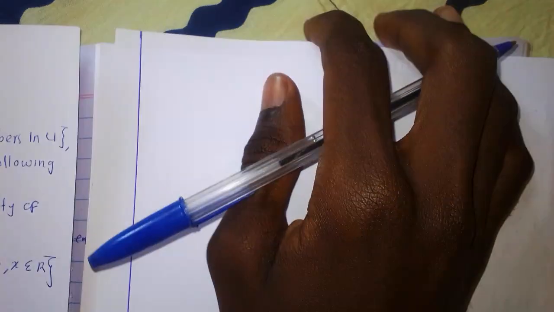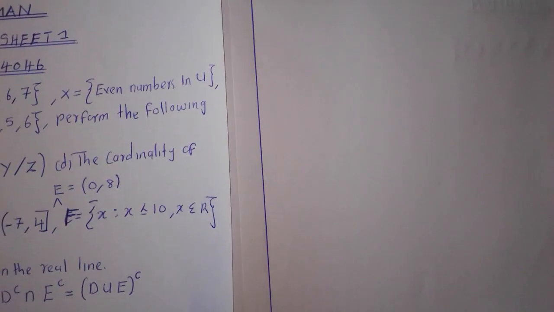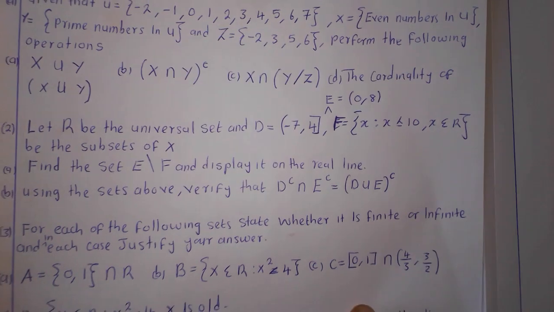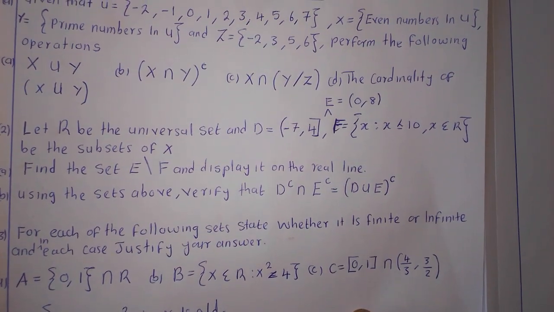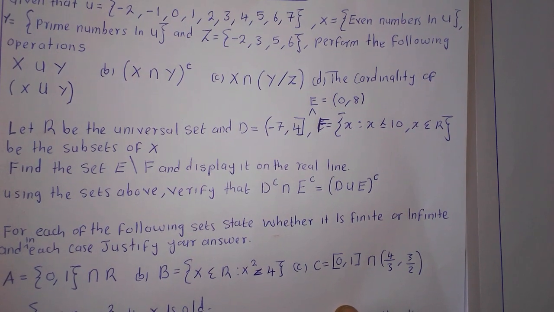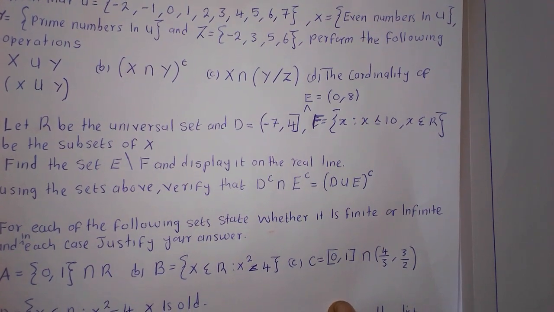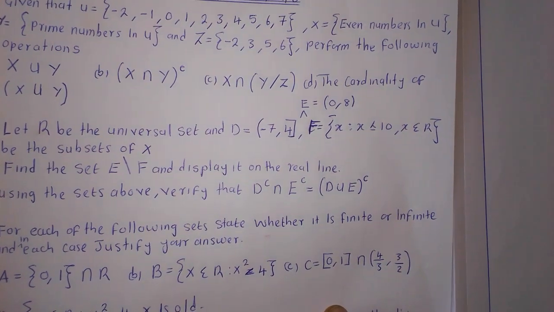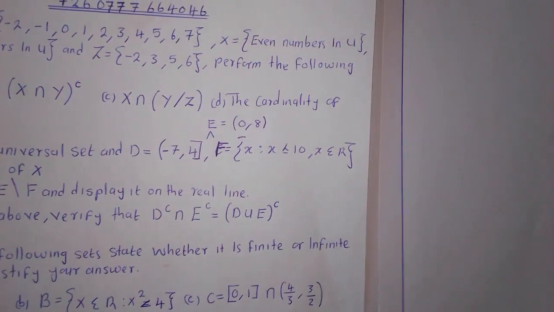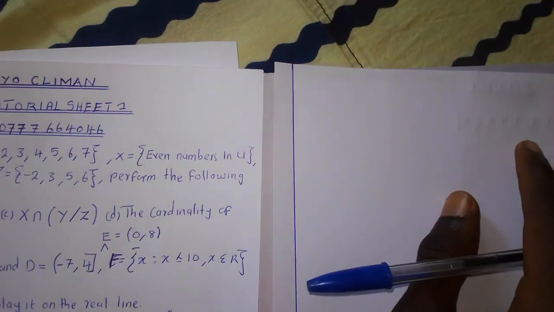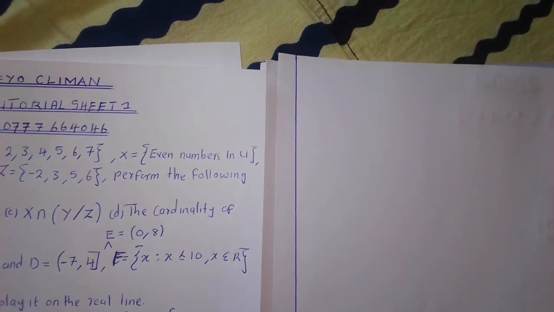We get to the second question. The second question is saying, let R be the universal set and D equal to that set, E equal to that set, F equal to that set, be the subset of X. So now for this question, it's quite simple, but then I'm going to first of all illustrate the information down there.